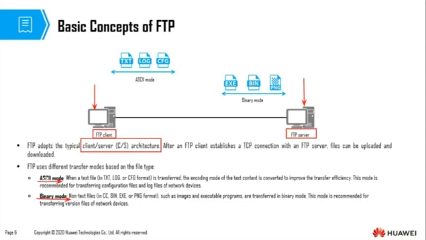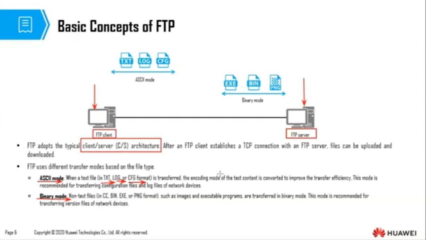The ASCII mode is used to transfer text files, log files, configuration files, etc. Normally, files that are in the form of text have to be converted into ASCII mode before they are sent over the network, whether we are uploading or downloading.